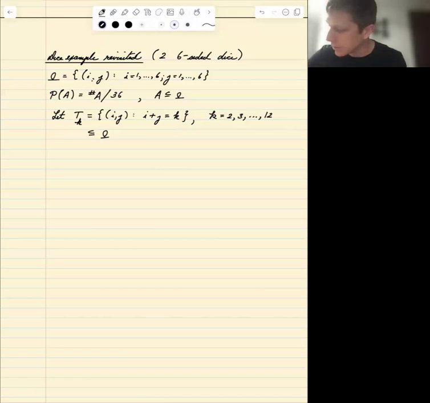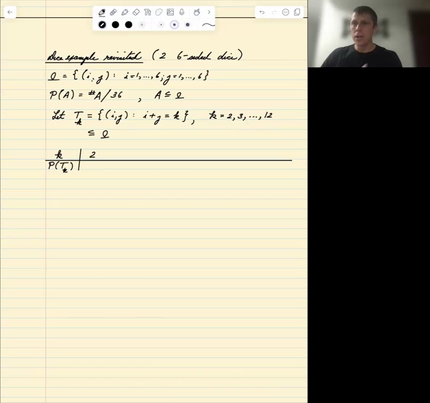So let's calculate their probabilities. Let's put it in a table, okay? Probability. So for each K, we're going to express the probability of T sub K under the uniform probability model. So it's important to understand that all of these probabilities are under an assumed model. The assumed model that we have is this.